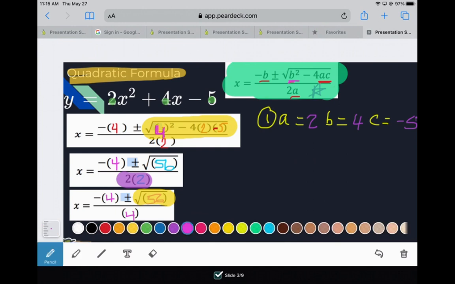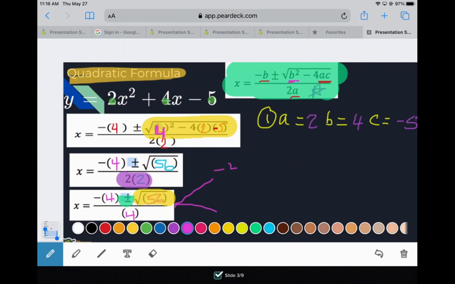Now the last step you would do: you see how this is a plus and a minus? This part right here, I'm going to highlight that. The plus and the minus tells you you're going to have 2 solutions, 2 numbers. So we split it up into 2 answers.